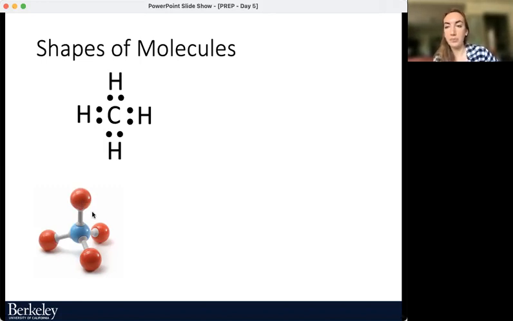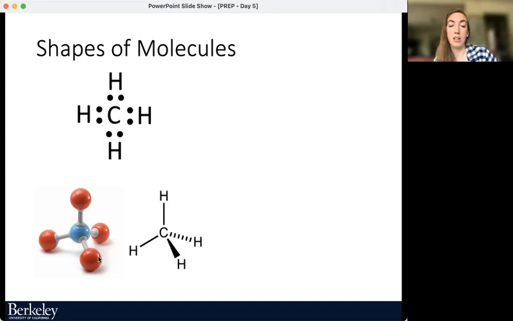So I don't want you to panic about trying to figure out the shape of all kinds of molecules, but just realize that when we draw them flat on paper, that's not actually how they float around in real life. And these bonds are going to bend. And again, just so you've seen it before, don't panic about trying to memorize this.